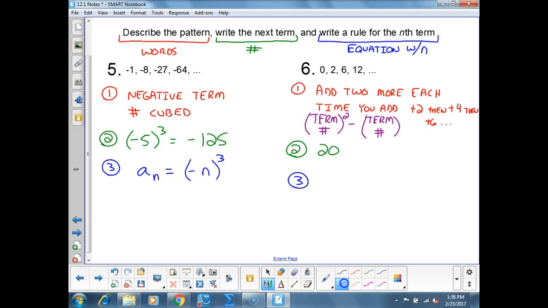So fifth term would be 5 squared minus 5, right? Which still gets me my 20, right? And now I can write a rule. A sub n is n squared minus n. Okay.